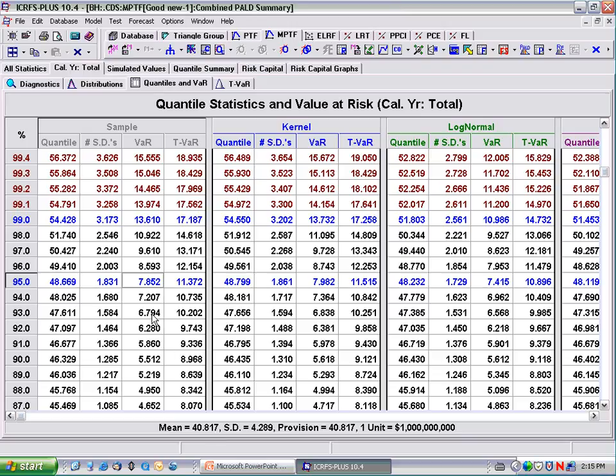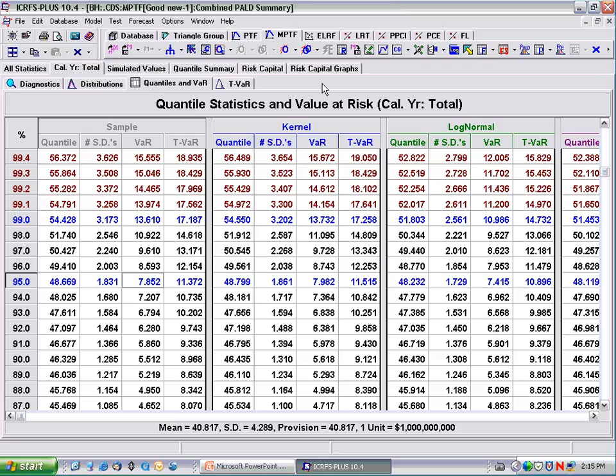The T-VAR also tells you how much would you lose if it does exceed the percentile of 48.669 billion. If it does exceed it, how much are you going to pay on the average? Well, you've got to add about another 3.5 billion. Okay, so the T-VAR also includes on top of the VAR how much would you lose on the average if in fact you exceed that percentile.